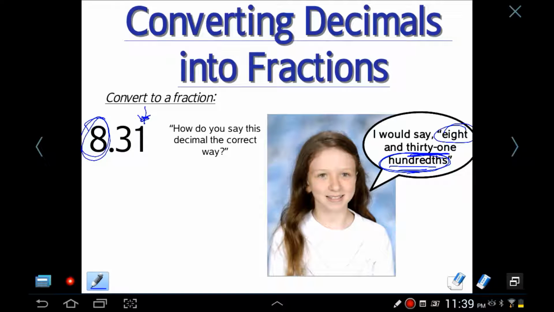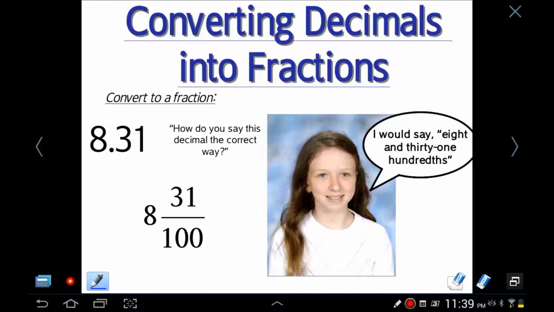Lots to think about when you're writing these. They're not as easy as you think. So 8 and 31/100ths would look like that as a mixed number. And let's reduce this, and 31 is only divisible by 1 and 31. It's prime. 31 does not go into 100. You cannot do any more with that. So that cannot reduce. So there we go. Thanks, Victoria.